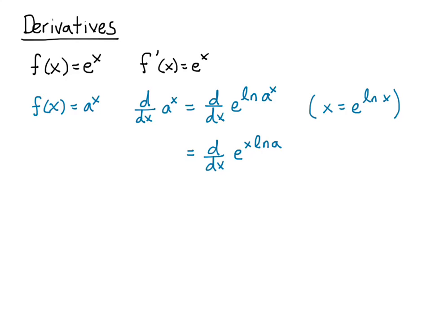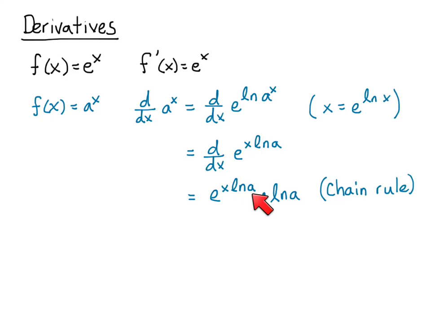So how do I take the derivative of this now? This is something that's really familiar. This is e to the x times some number, and a is a constant. So we just have a constant times our variable, and we can use the chain rule on this. We take the derivative of the outer function, which is e to the x ln a, and then we take the derivative of x ln a.